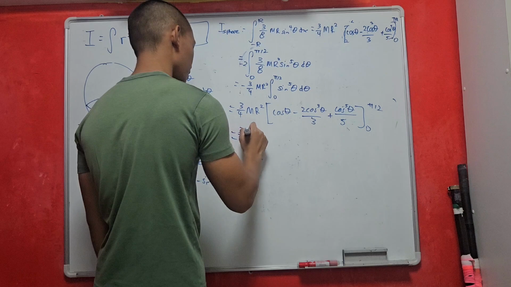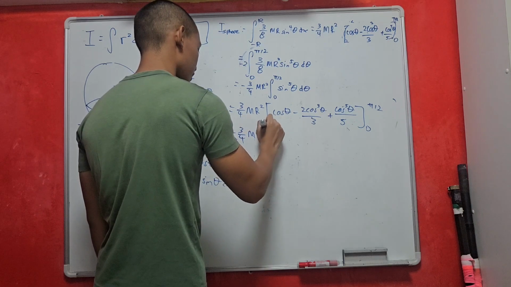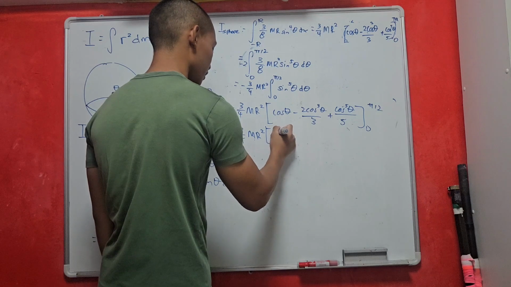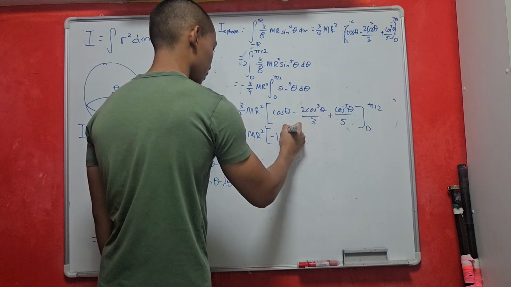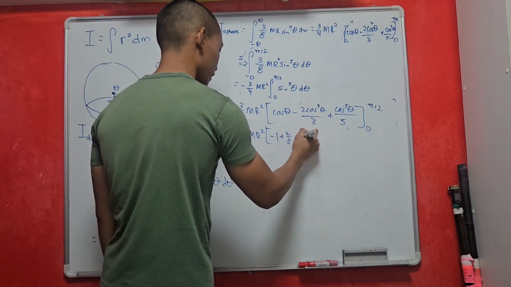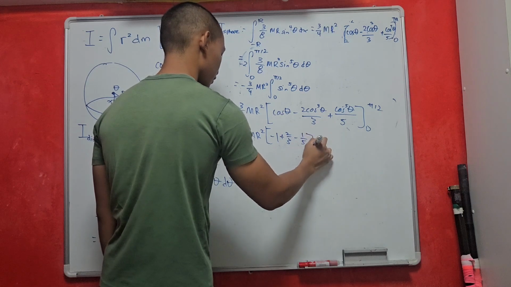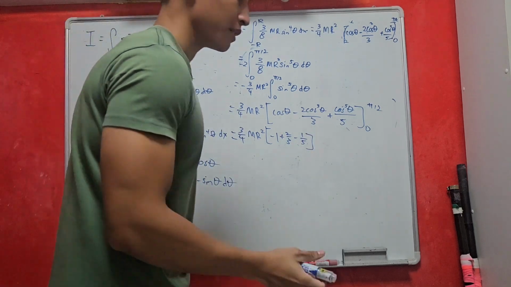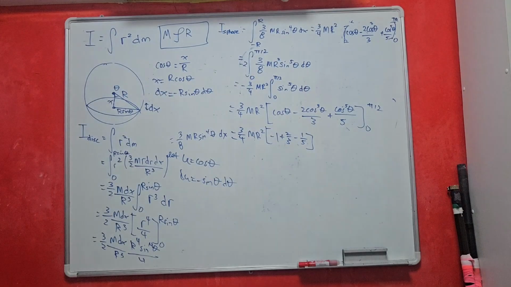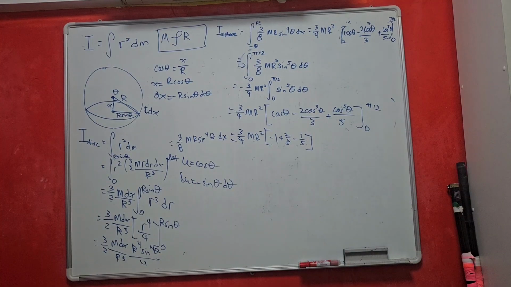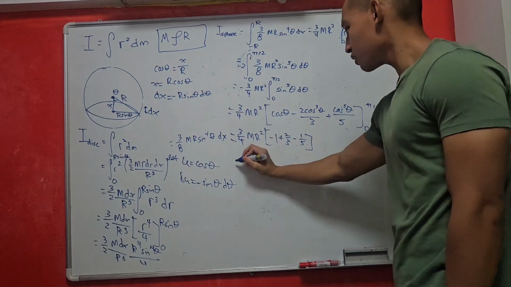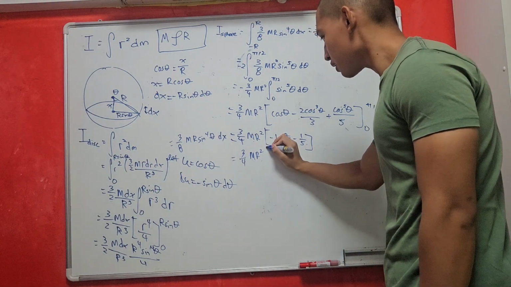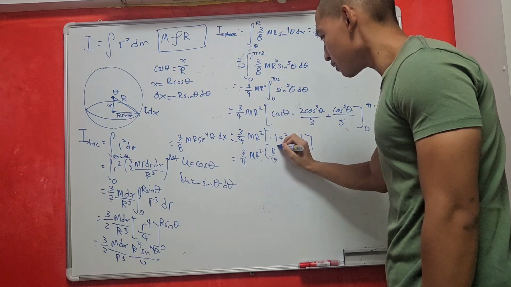So it's just 3 over 4 m r squared, so minus 1 plus 2 over 3 minus 1 over 5. And from here, this is just 3 over 4 m r squared times 8 over 15.